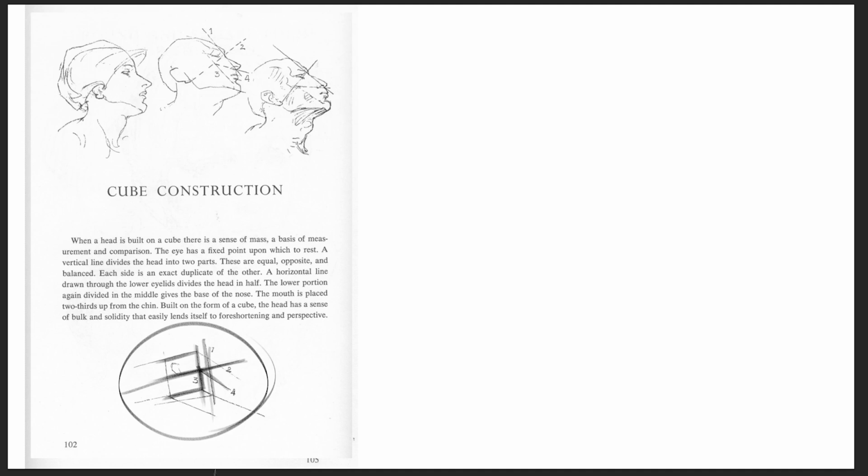Then finding the 3/4 edge where the cheek line is to help visualize the division between the front and the side plane. And then finally locating where the base of the nose goes in reference to the base of the ear to keep all of that perspective correct to one another.